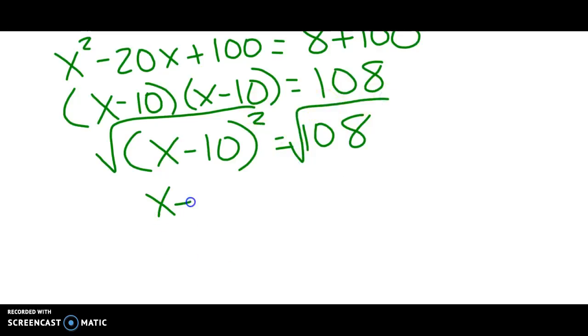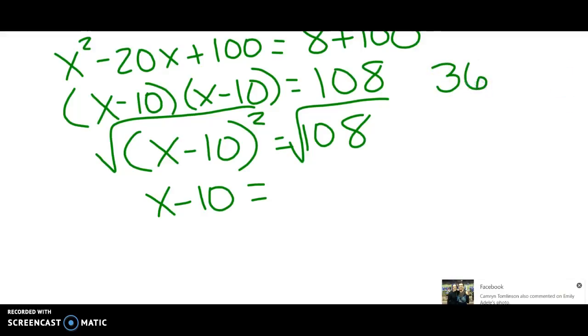So we've got x minus 10 equals the square root of 108. So what is the square root of 108? What's a perfect square that goes into 108? Some of you picked numbers like 4 or something like that, but really the largest square that goes in is 36. Okay, so 36 goes in 3 times.